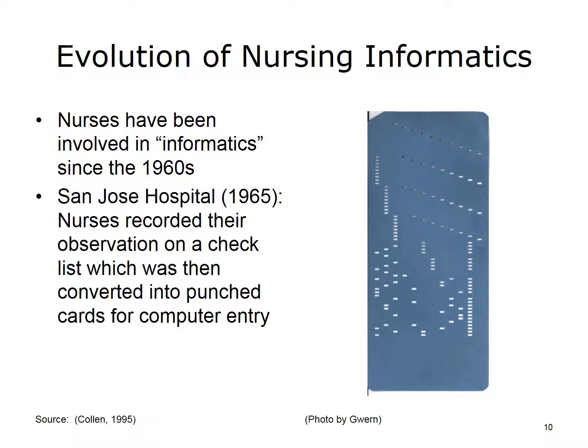According to a textbook on the history of medical informatics by Collin, nurses utilized computer-readable punch cards to check off their observations of patients as early as 1965. The data from these cards were then read into computers at San Jose Hospital, which then served as an electronic record of patient care.